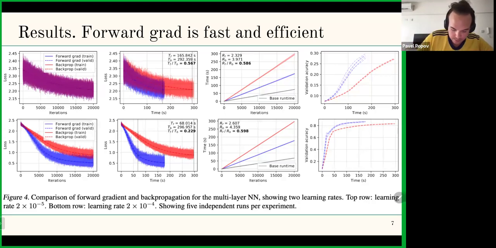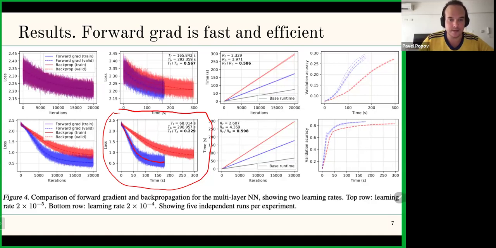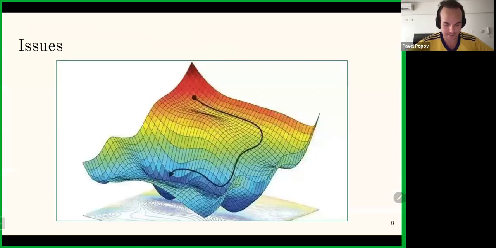Maybe I have a pointer, one moment. Yeah, and for example, if we look at this picture, we see that forward gradient first minimizes the loss better, and second, it is doing it faster than the backpropagation. So this is quite promising, this is quite interesting, but there are a few issues with this paper.